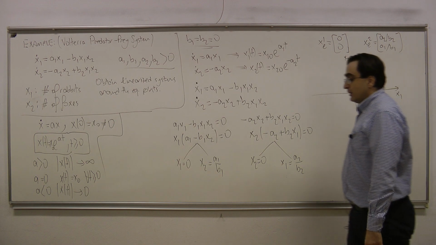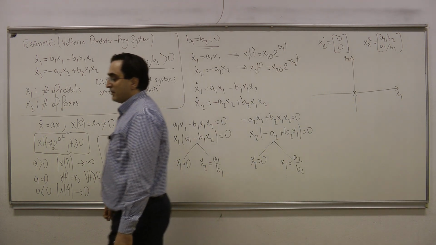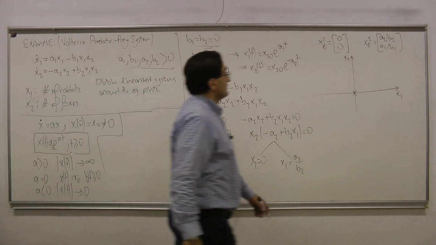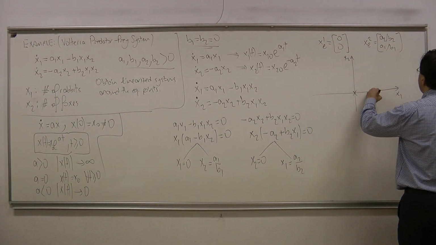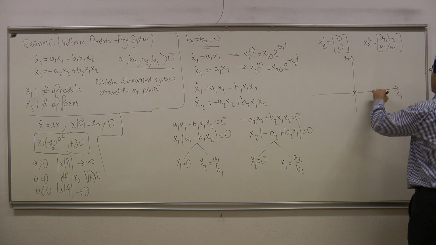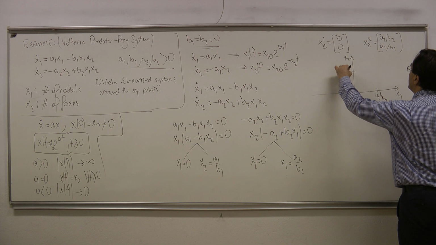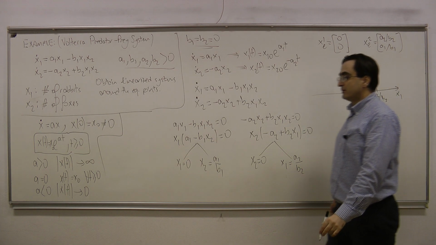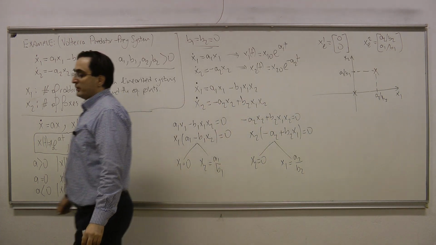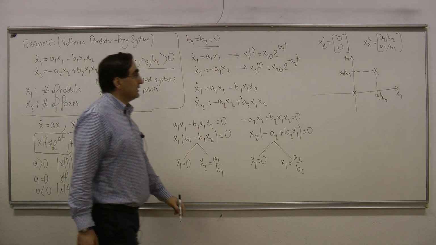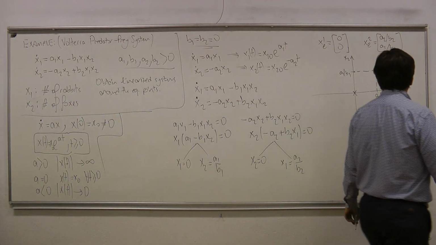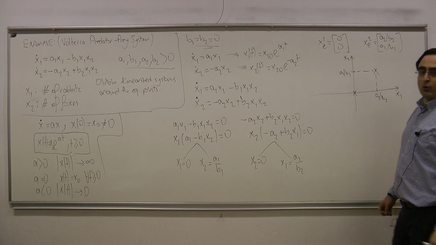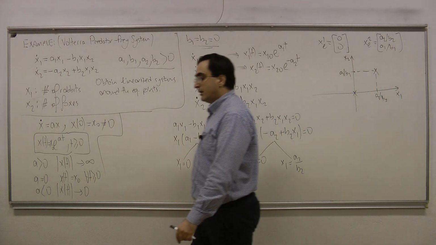So this is my first equilibrium point. And the second equilibrium point is somewhere here. I have a2 over b2 and a1 over b1, and this is something environmentally much better. There are a number of rabbits and a number of foxes on the island, and they are in some form of equilibrium in their numbers.